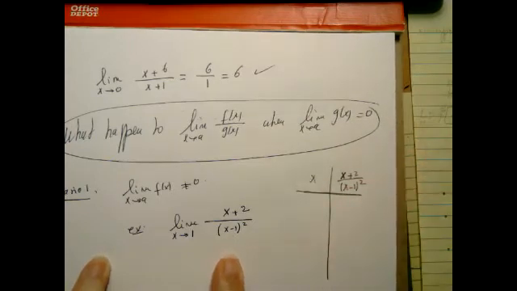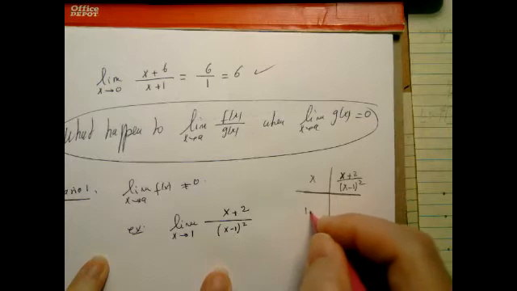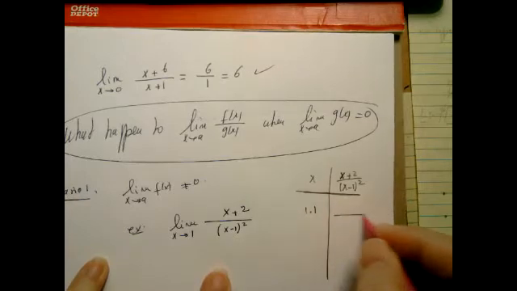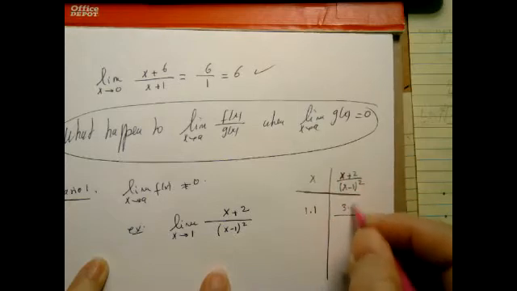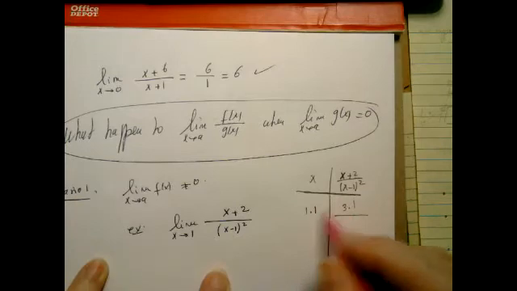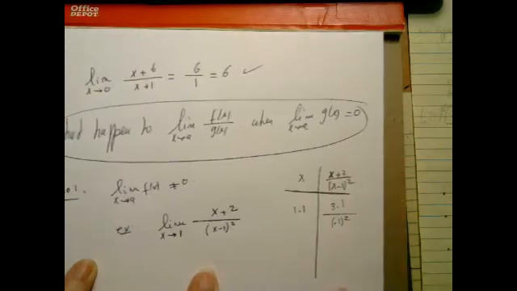I'm going to start thinking, what happens here when x takes values close to 1? Okay, let's pick values. Suppose I take 1.1. Now my numerator is not problematic. My numerator is 1.1 plus 2, so 3.1. My denominator is going to become what? 0.1 squared. Am I right?